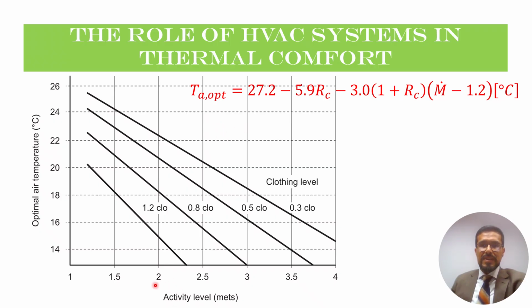So we see here that for the same clothing, the optimal air temperature is going to be lower with a higher activity level. But then we also see the impact of the clothing thermal resistance. For the same activity level, we are going to need different optimal air temperatures according to how we dress.